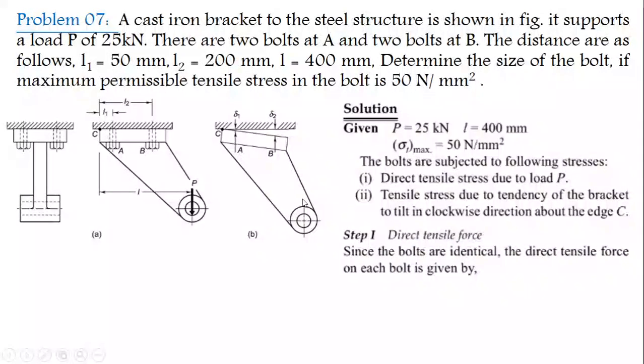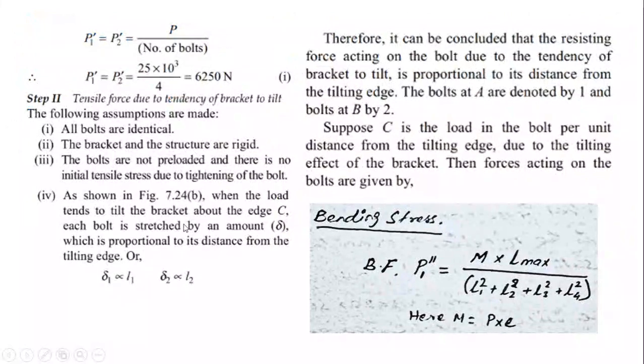this figure. When the load tends to tilt the bracket about the edge C, each bolt is stretched by the amount of delta, which is proportional to distance from the tilting edge.